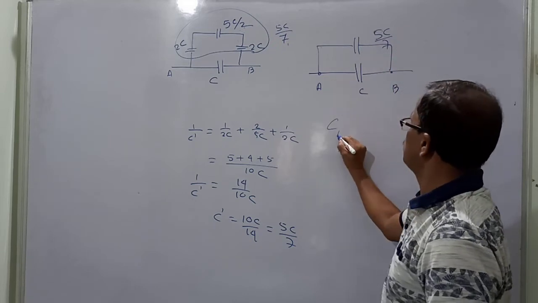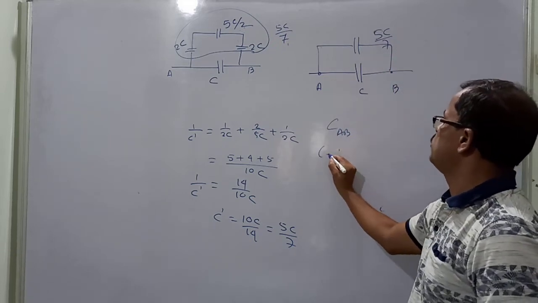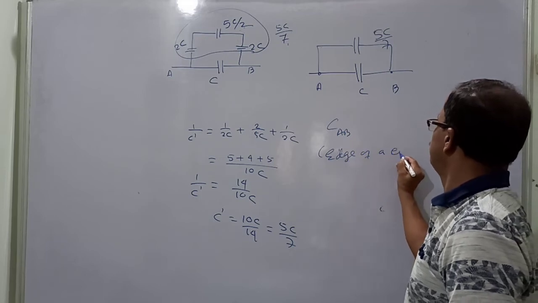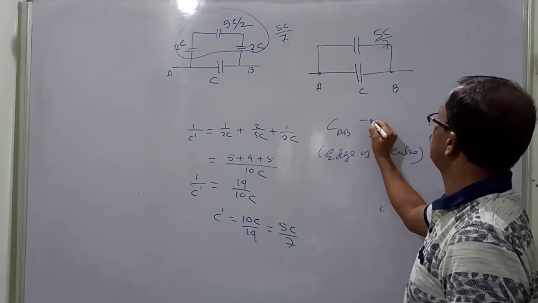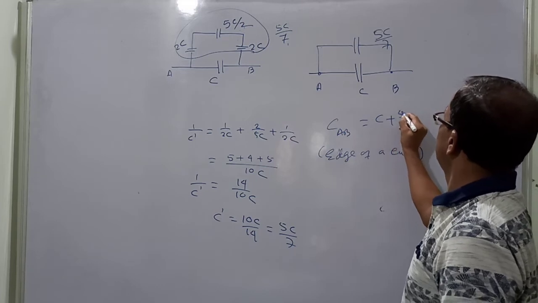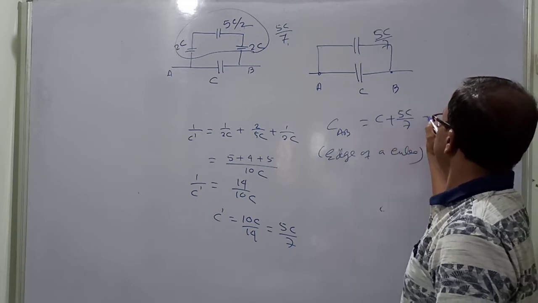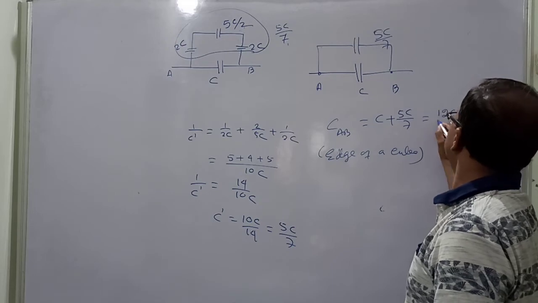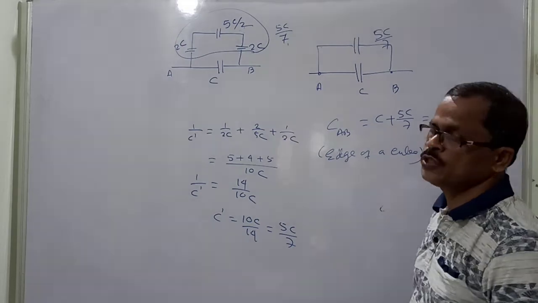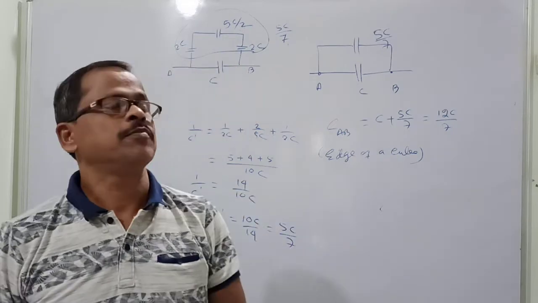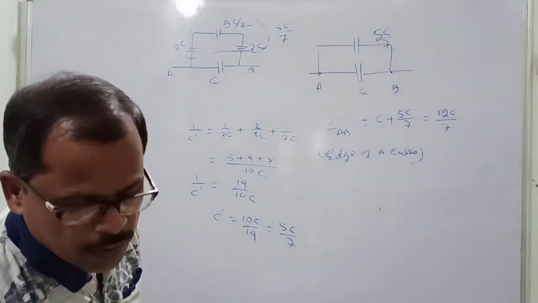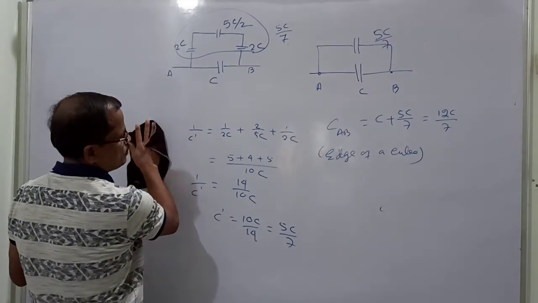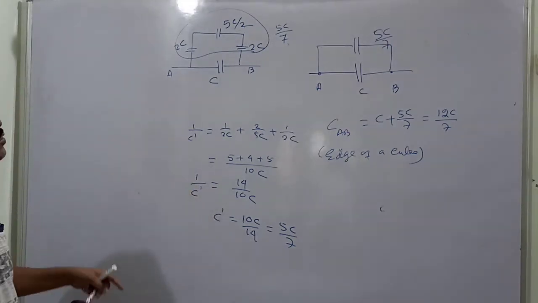So the net capacitance between AB about the edge of a cube is equal to C plus 5C by 7 is equal to 12C by 7. So this is the answer to the problem. Okay, so this part I am removing, 12C by 7.